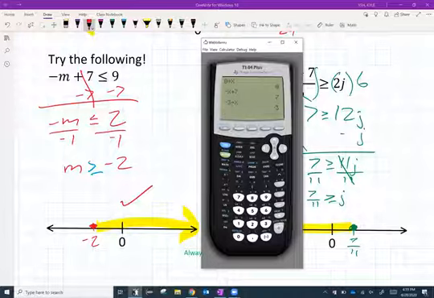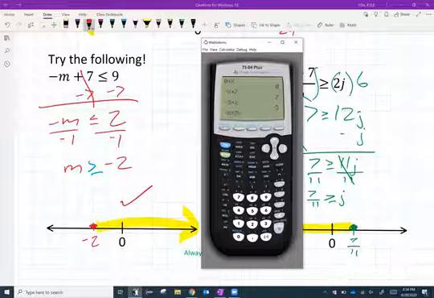If I hit the blue second button in the top left corner, and then I hit the enter button in the bottom right corner, what does that do? It grabs the last thing I typed in, which I don't really want right now. But I'm going to go second enter again, and it'll type the second to last thing I typed in, which is what I want to check. Negative x plus 7.